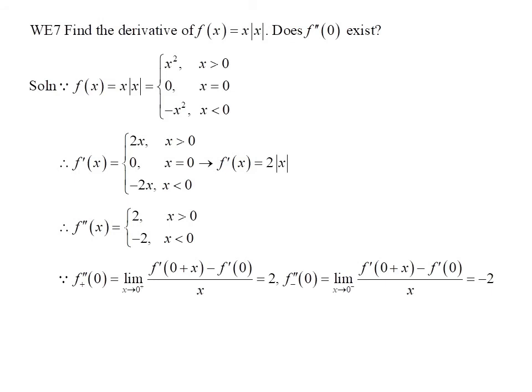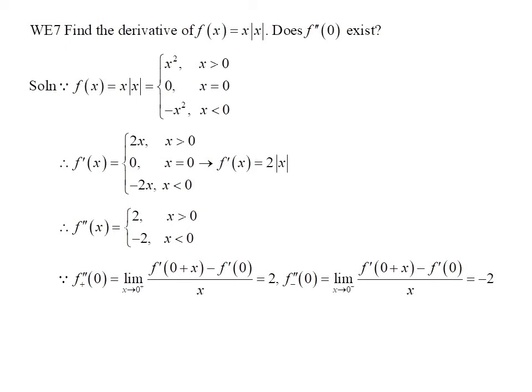Since the right-hand second derivative equals the limit of (f prime of 0 plus x minus f prime of 0) all over x as x approaches 0 from the right, which is 2.